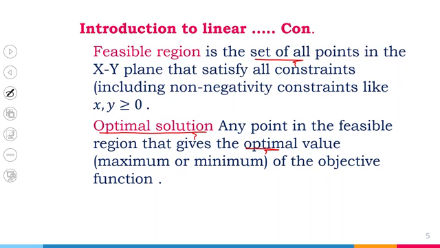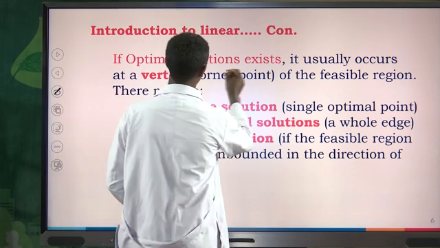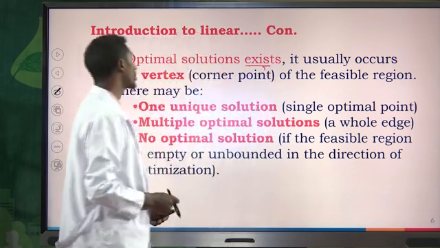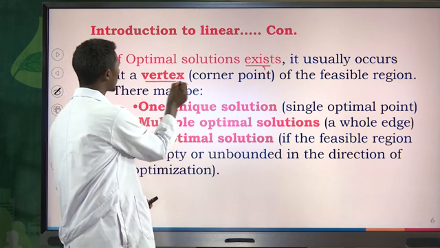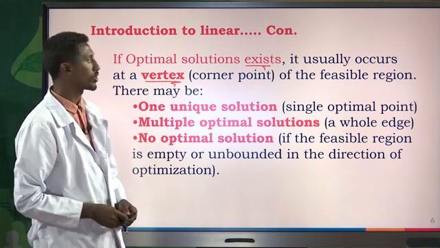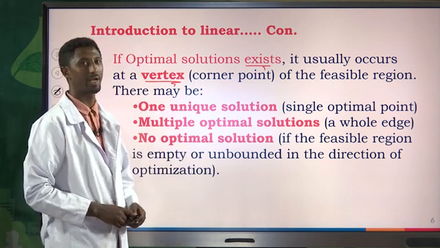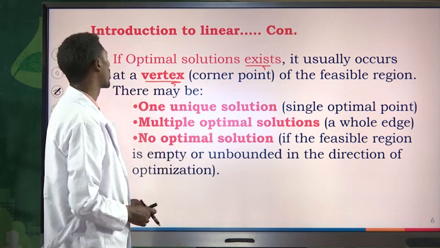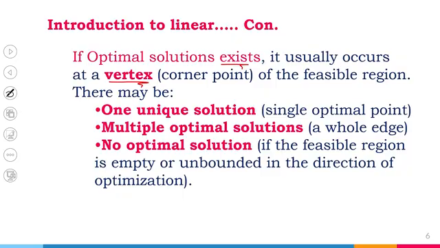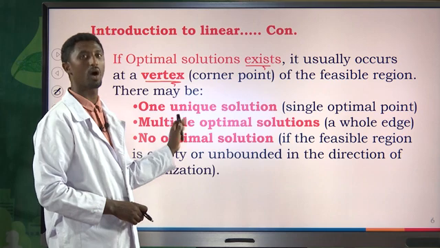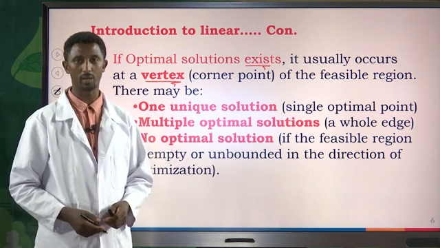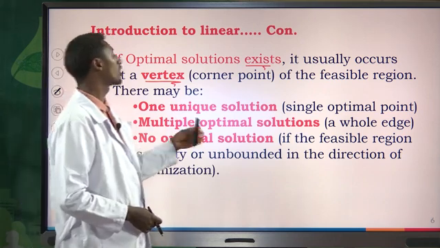Most of the time, this optimal solution exists at one of the corner points of a given feasible region. If an optimal solution exists, it usually occurs at a corner point of the feasible region, or it may be on a boundary line. If the optimal solution exists, it may be one unique solution, a single optimal point, or multiple optimal solutions.